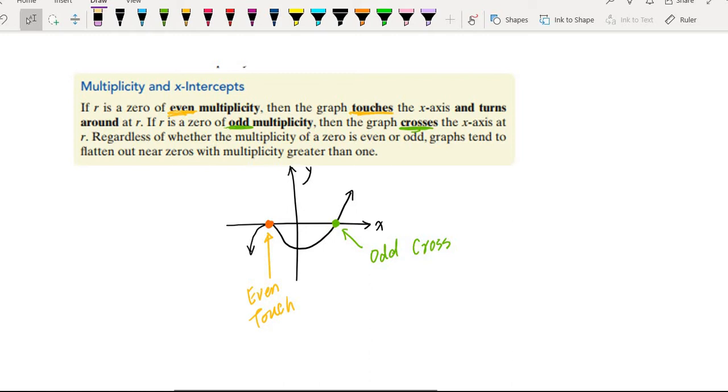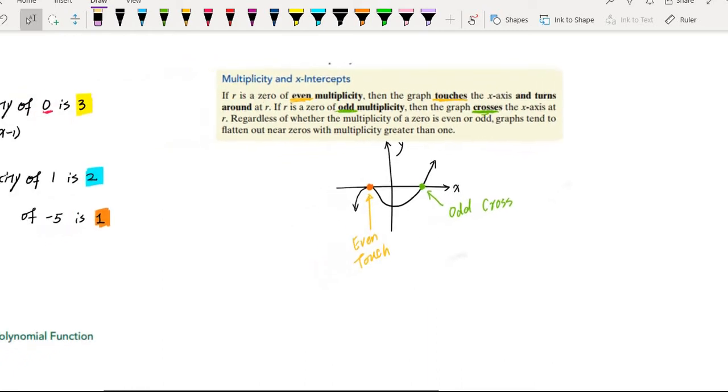You can just remember: even, touch; odd, cross. It's very important when we're doing the graph, okay?